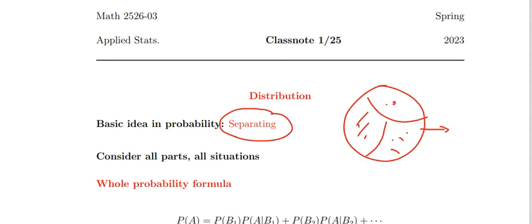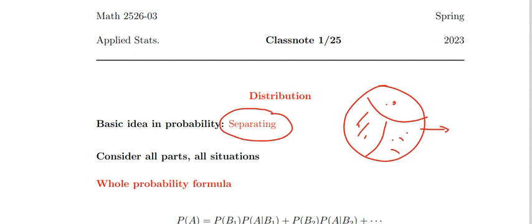Also we check some typical distributions. A typical one is the 1-0 distribution: try one time, with two outcomes, success or fail. This thing can happen or not happen.